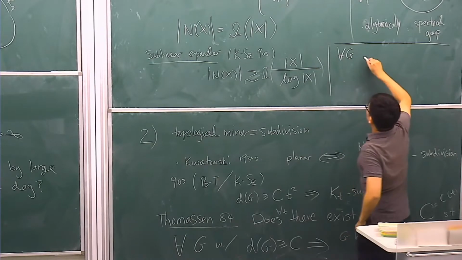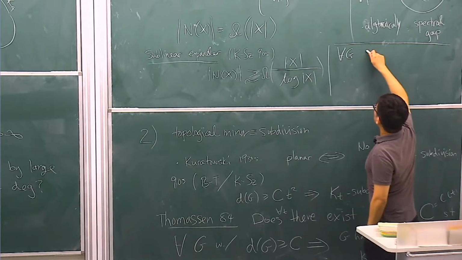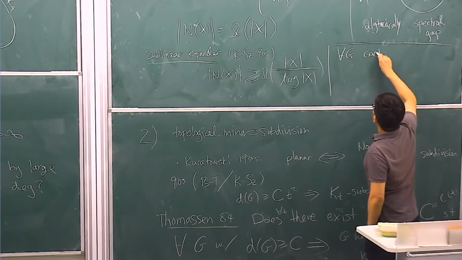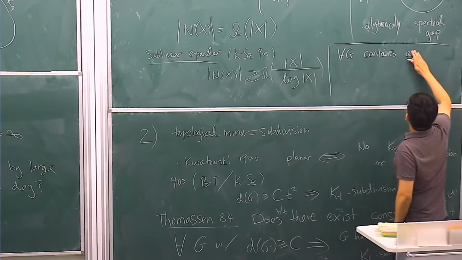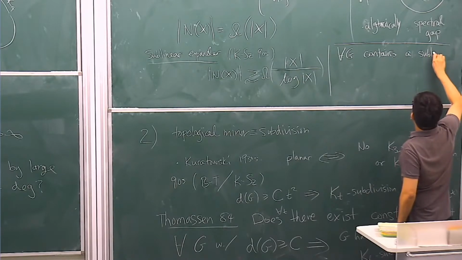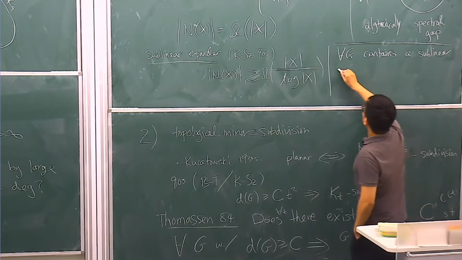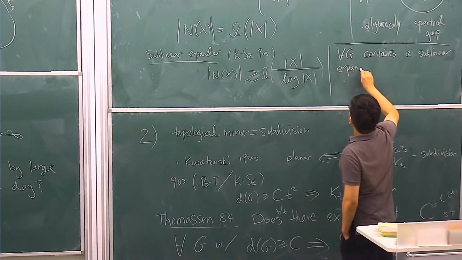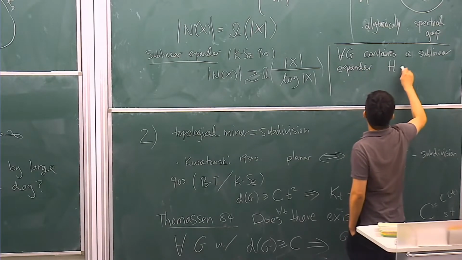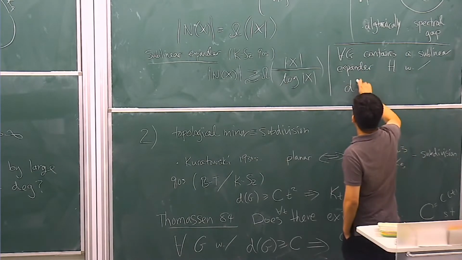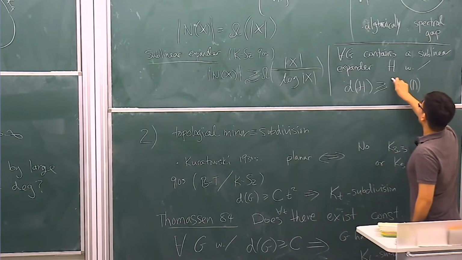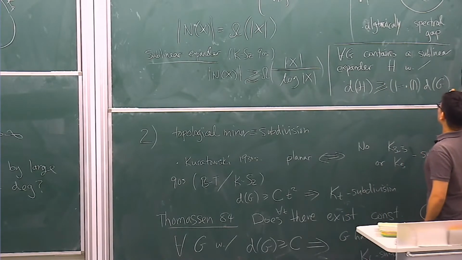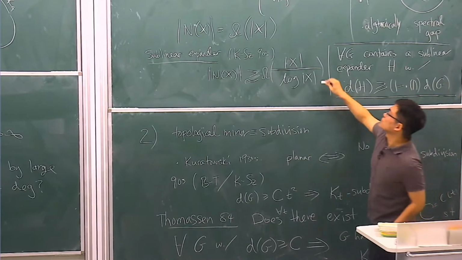Every graph G contains a sublinear expander H with the average degree almost as dense as the original graph. This is proved by Thomassen and Szemerédi.